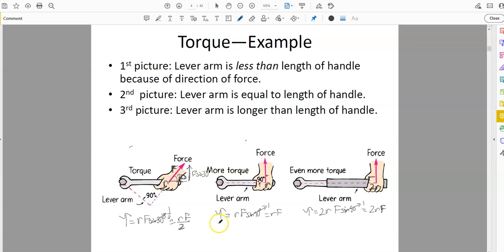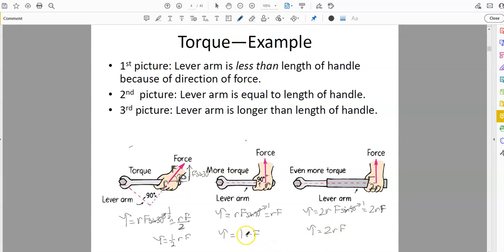Okay, so what we've made is an analogy: the torque for this first one is going to be 1/2 RF. This next one is going to be 1 RF. And this last one is going to be 2 times RF. Okay, so ranking these from largest torque to smallest torque, this would be first, 2 RF.